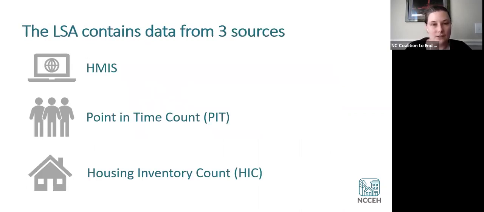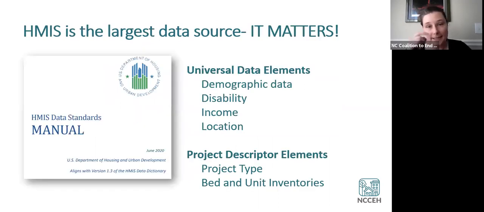Okay, so 3 data sources, but HMIS is actually the largest data source, right? When you think about point in time, that's one night of data, and while it's very detailed and in-depth, it's just one night. HMIS is looking at all 365 or 366 nights, and so this is really important.